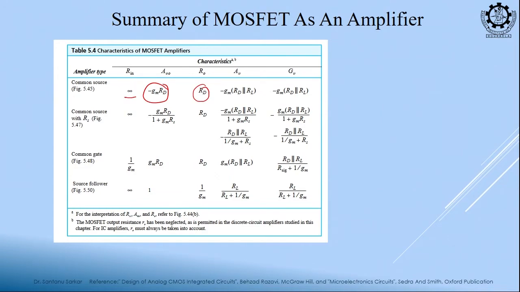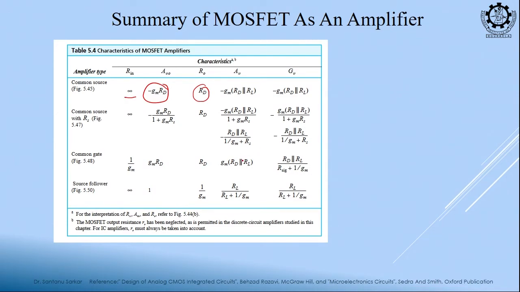Okay. Next is with RS degeneration. What will happen? GM RD by 1 plus GM RS, rest of the things are the same. Common gate input impedance, we just see 1 by GM. Gain expression is still the same, GM RD, only the minus sign is not there. Okay.